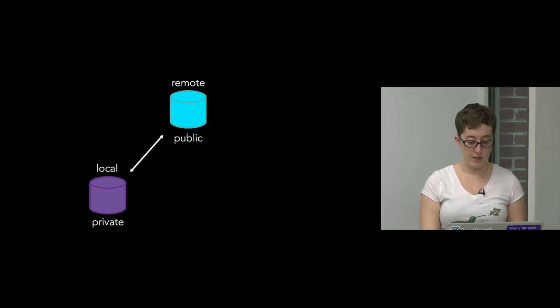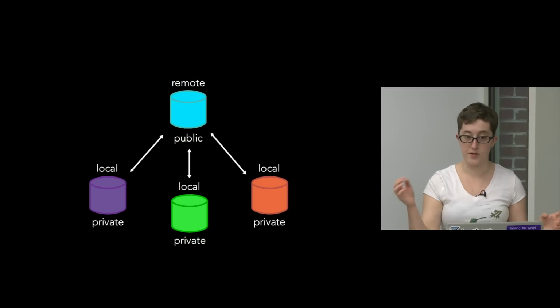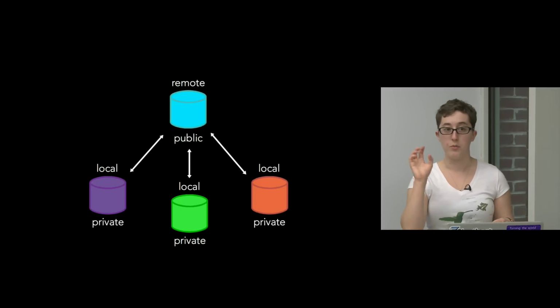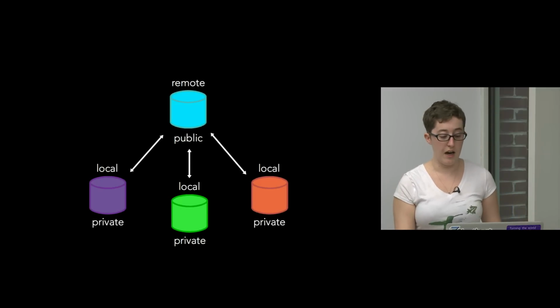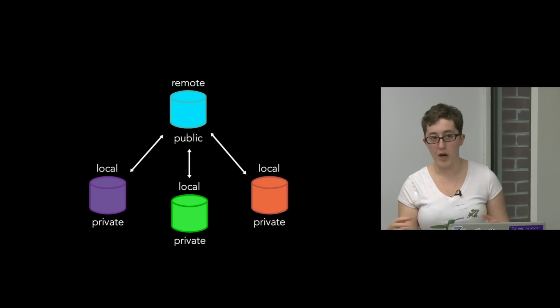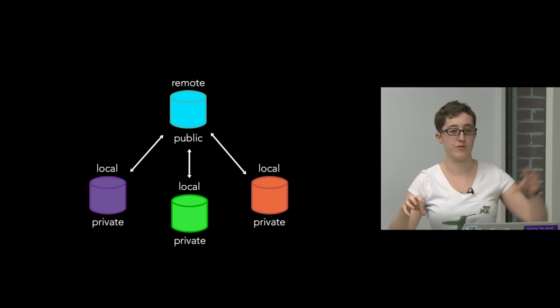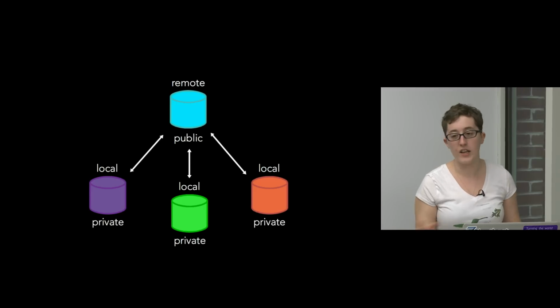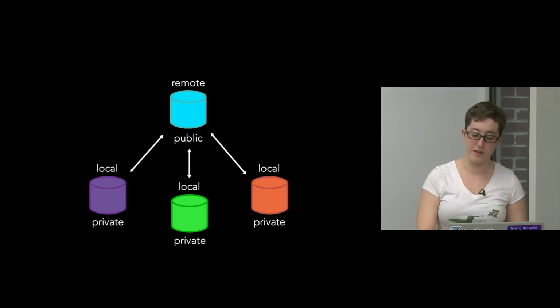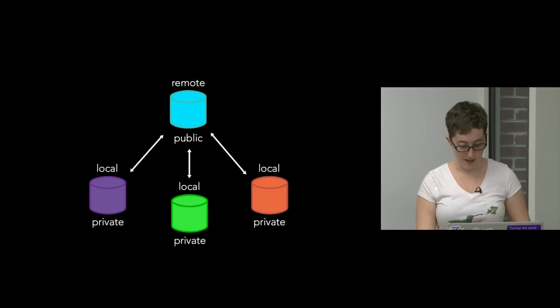And in fact, you can have many of those that all point to the same public repository. It's also possible to have multiple public repositories that you get some information from here and some information from there, but that's unlikely to be relevant for your final projects, so I'm not going to go into that right now.